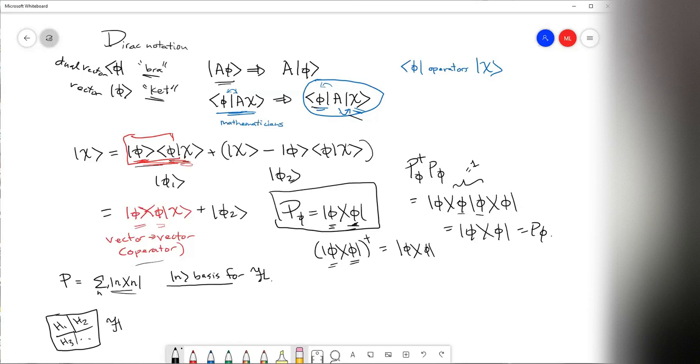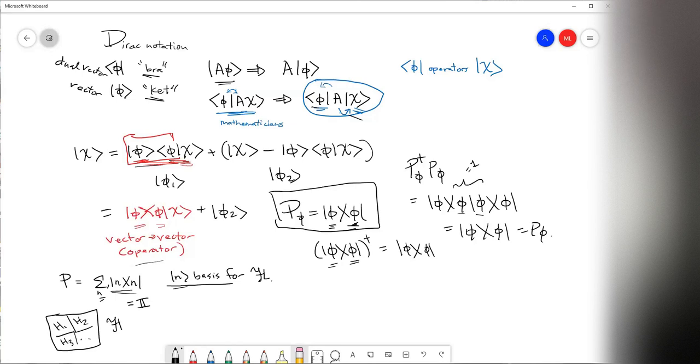And if it's a basis, then we know that any vector in H can be decomposed into a sum over the basis vectors. So if we sum over all of those projectors onto all those different components, we must just get back out the vector again in the Hilbert space. So this must just be equal to the identity. And that's called a completeness relation.